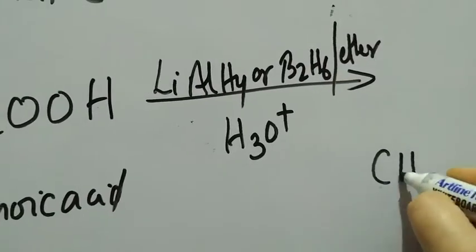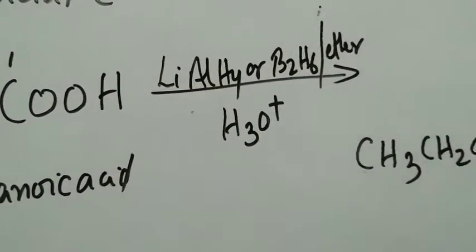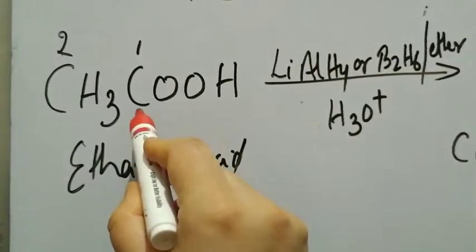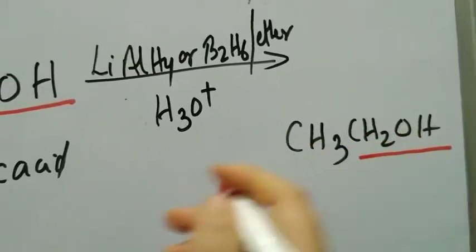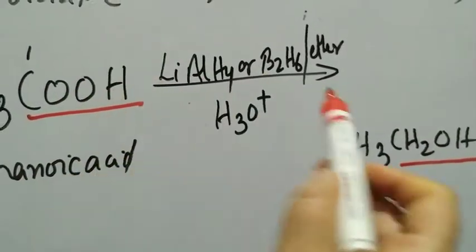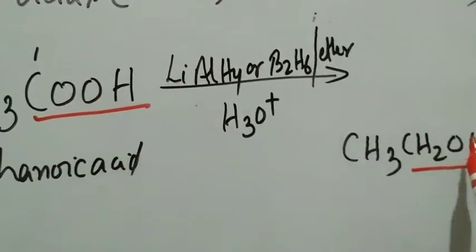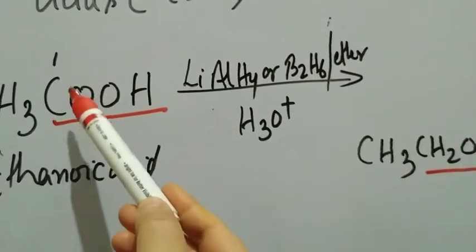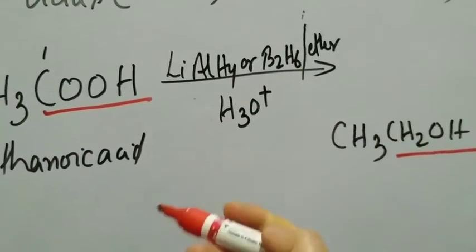What will you get? CH3CH2OH. See what happens. Which part is being reduced? This is the carbonyl group, the carboxylic acid group. This is what happens: addition of hydrogen. One hydrogen was there, one hydrogen is there. In place of another oxygen atom, we have added two hydrogen atoms. Addition of hydrogen is reduction.